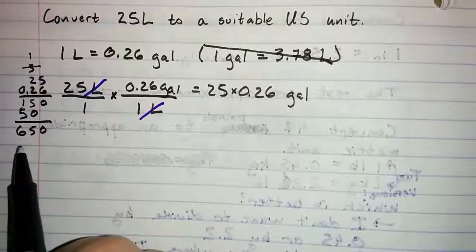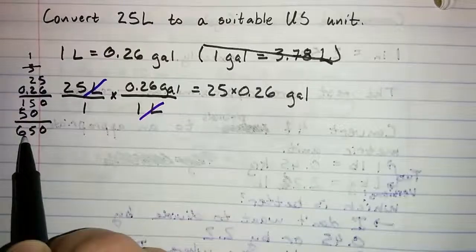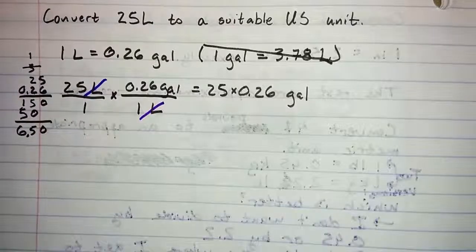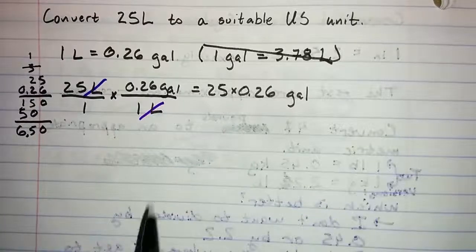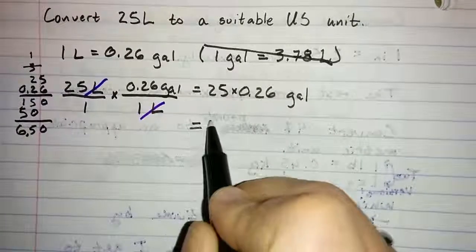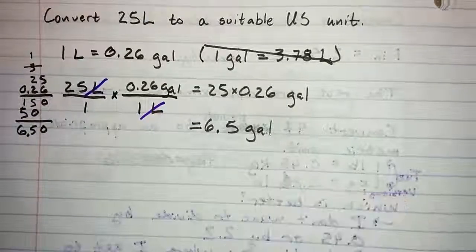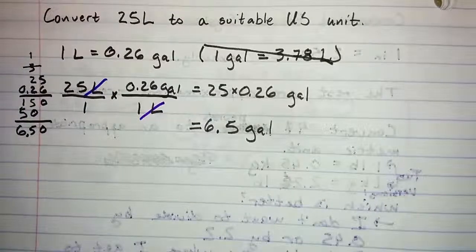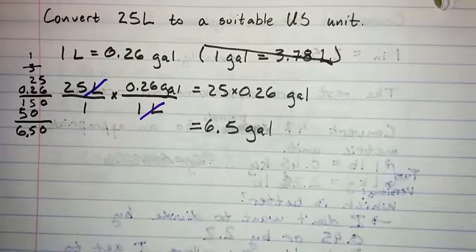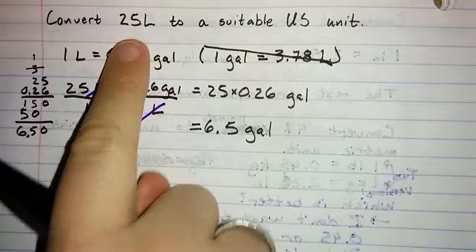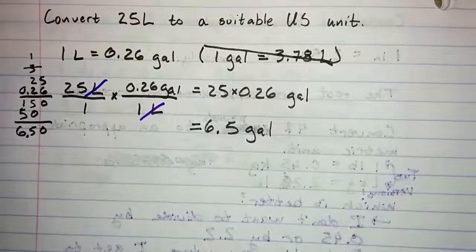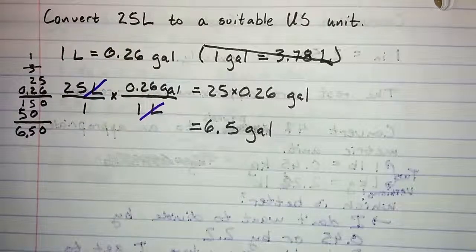I have 2 digits after decimal points up here, 2 digits after decimal points down here. I get exactly 6.5 gallons. Again, that's not exact. This was a rounded approximation. But 25 liters is pretty close to 6.5 gallons.